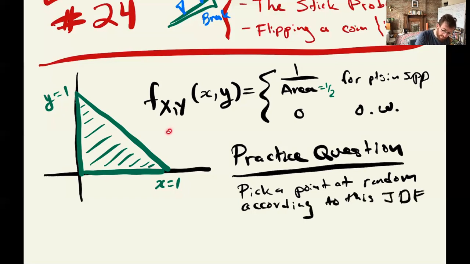So the probability of picking a point out here is 0. But the probability of picking a point in any small region here is proportional to the area of that small region, and the density there is 2. So you pick a point, and now you form a rectangle using that point by connecting the opposite point to be the origin. What's the expected area of this rectangle?